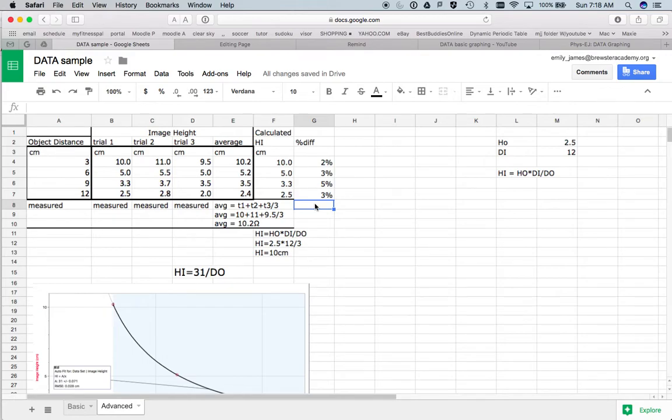So percent difference is measured minus calculated divided by calculated, which means percent difference equals 10.2 minus 10 divided by 10, which equals 2%.